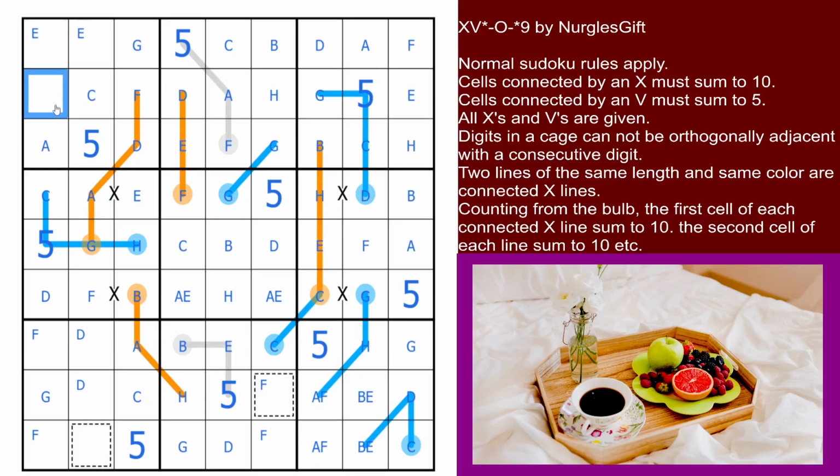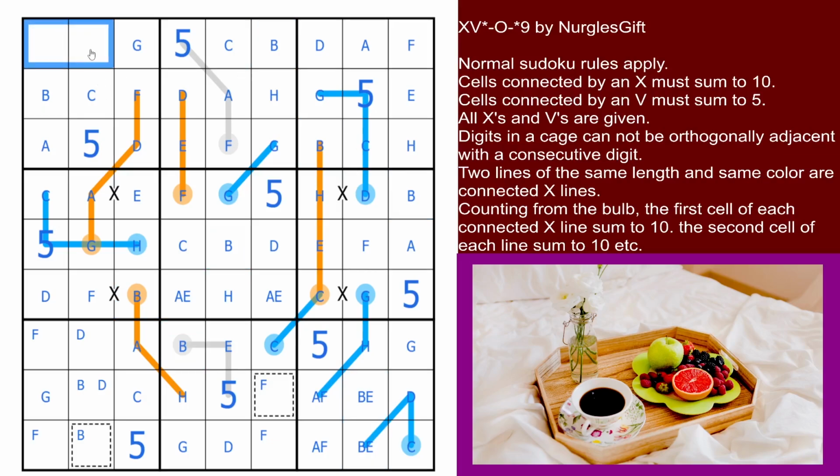What is that now? B. Is that correct? Only B is missing. Yep. B. So B is here. Oh, B is here. Sorry. Okay. B. Now what are these two?